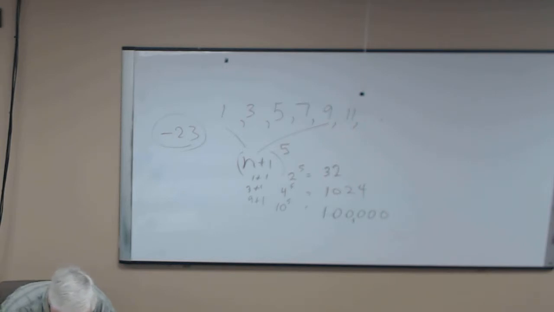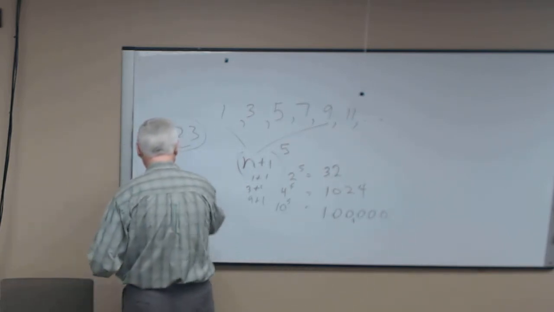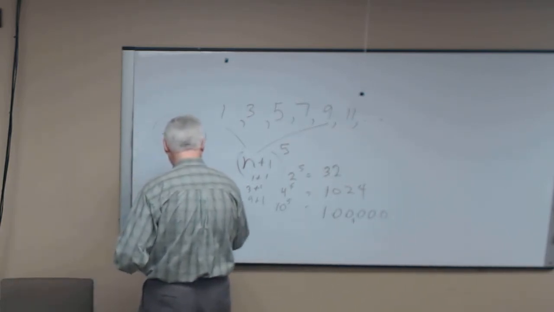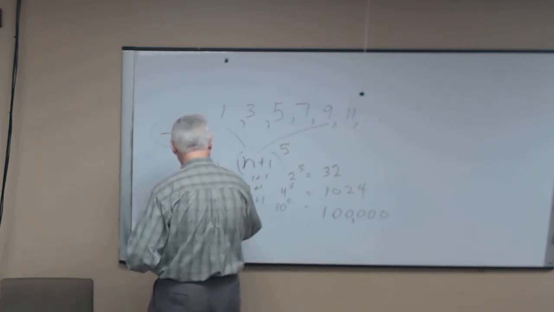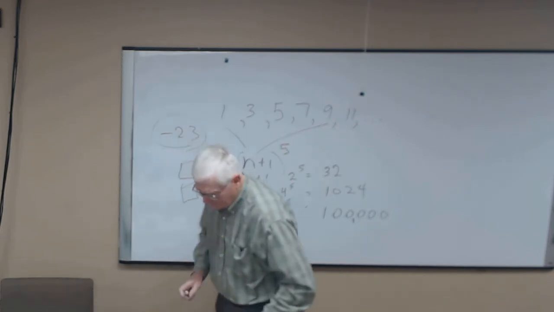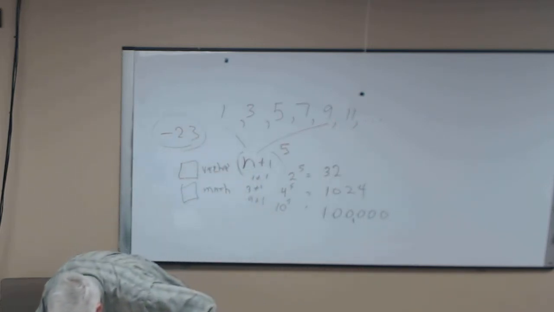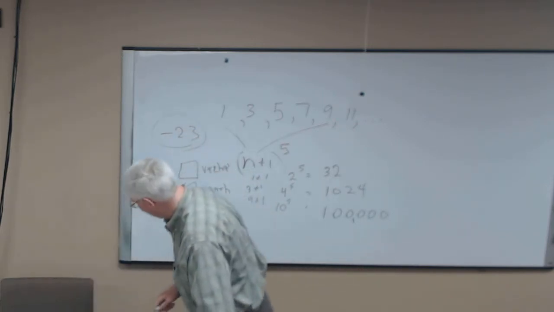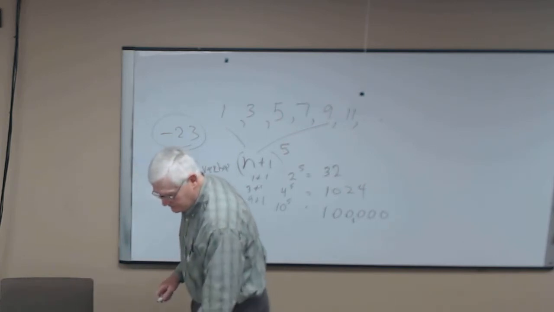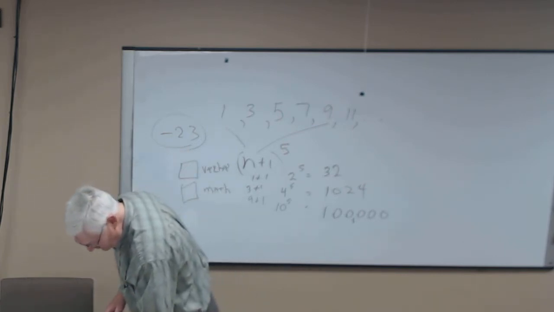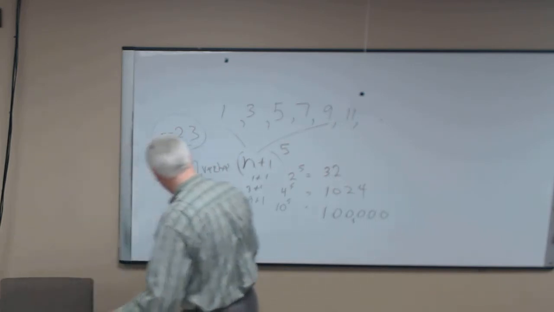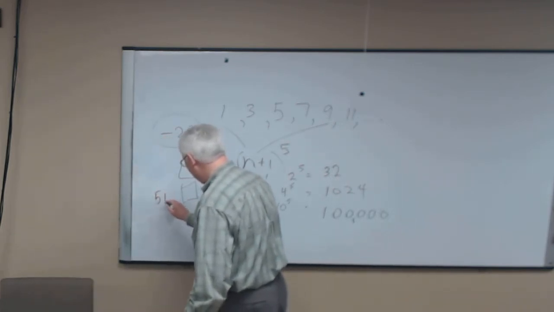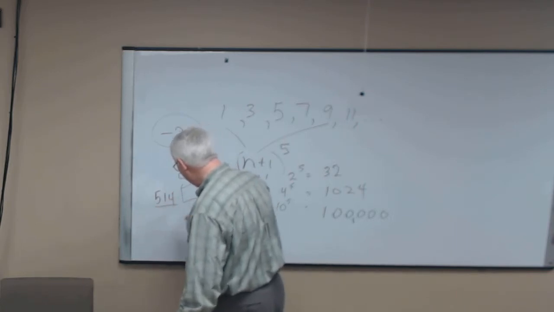average. What was the math average for those little boxes? Here's math, and here's verbal. And what's the score for math? Do you see it there from the paragraph below? 514. So 514 is the average math score.